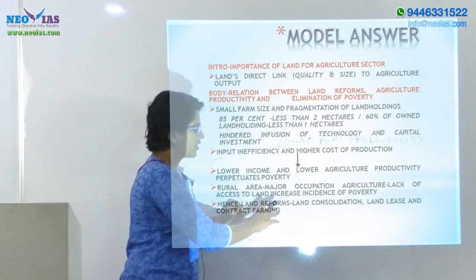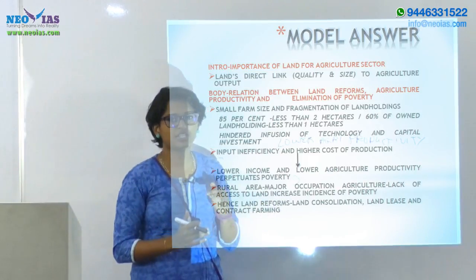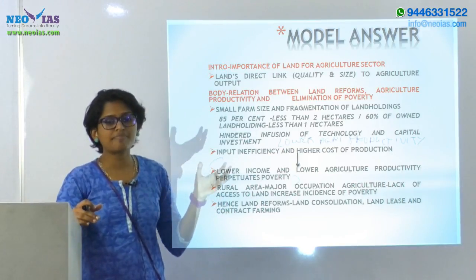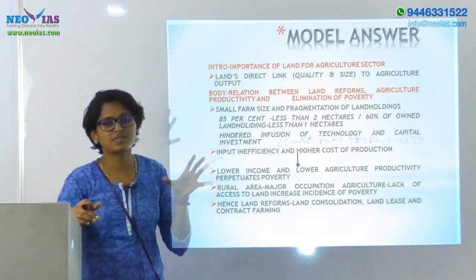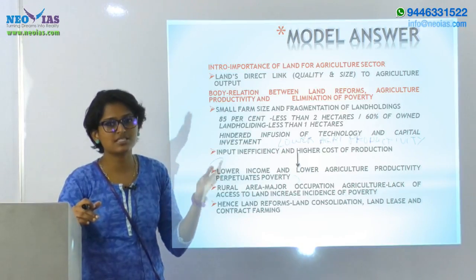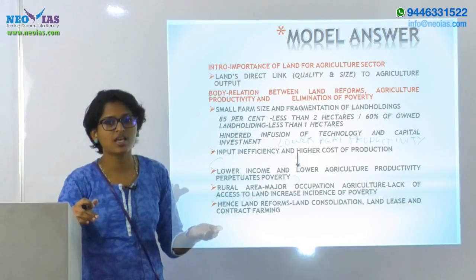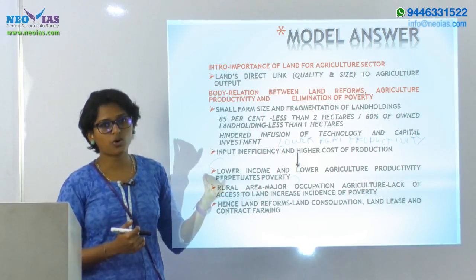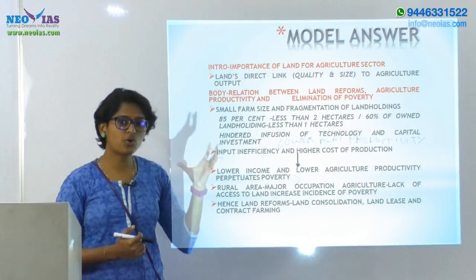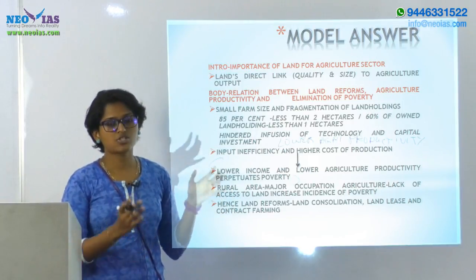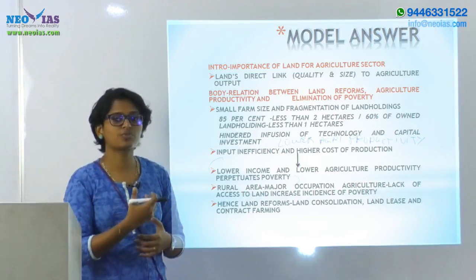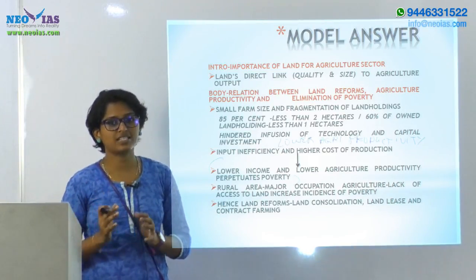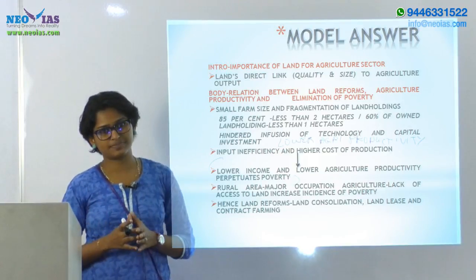That is, in different states there will be a stipulation on the maximum amount of land each person can hold, which is known as the ceiling on land holding. So in states, land from people who are holding land beyond that limit will have to be redistributed to the people who are not owning any land.